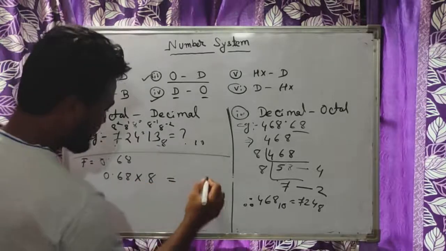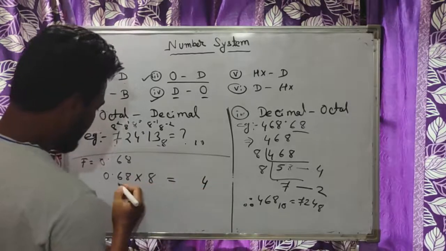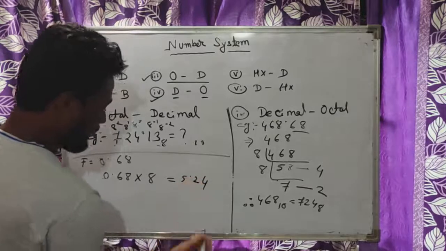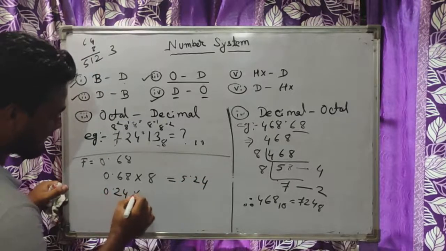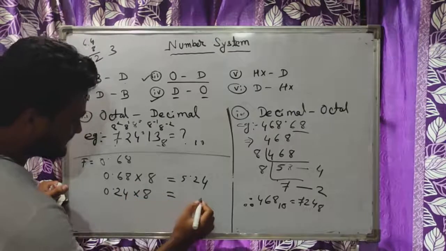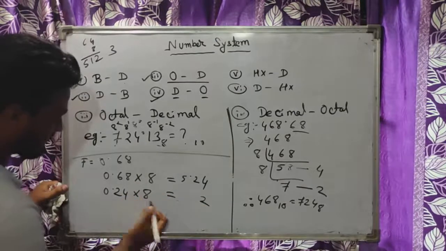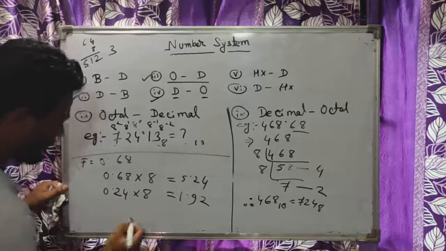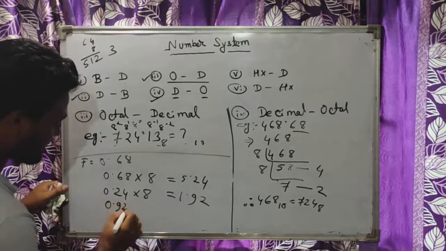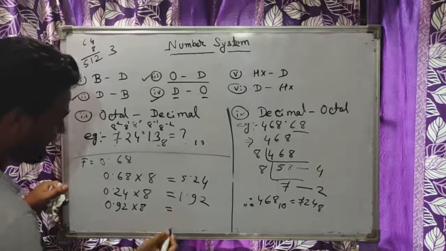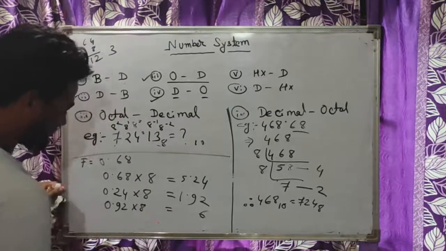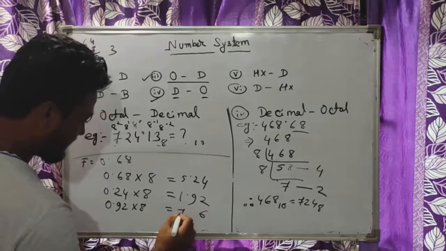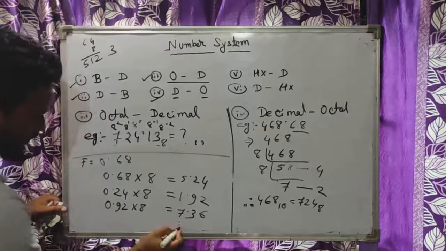So 64, 6, 52. Next 0.24 into 8, so 3, 9. Now again the fraction part is 92. Multiply it by 8. So this time 6, 1, 73. So it will go on like this.